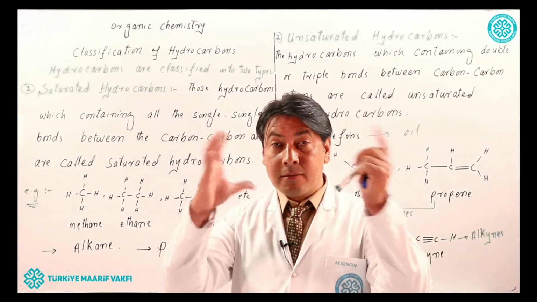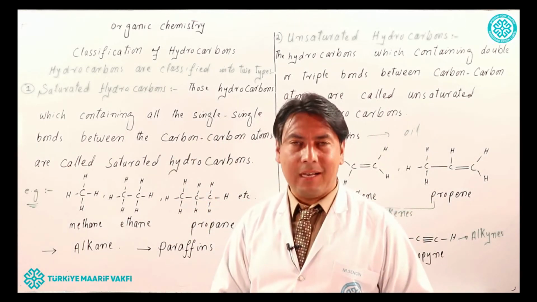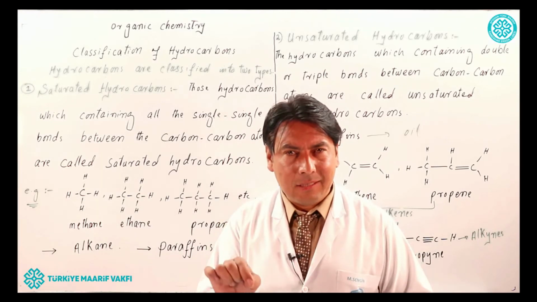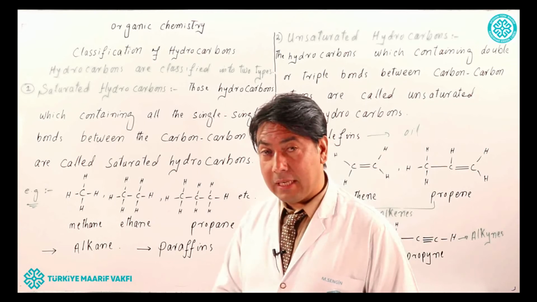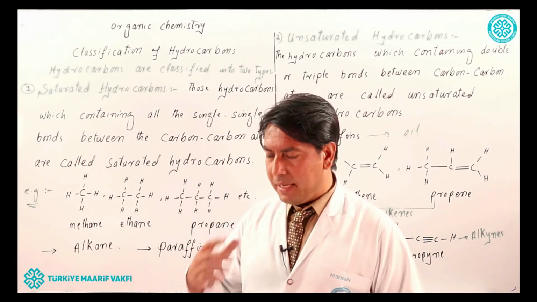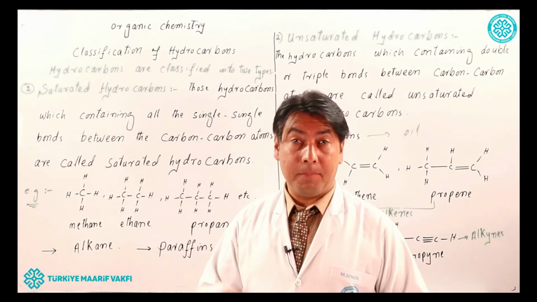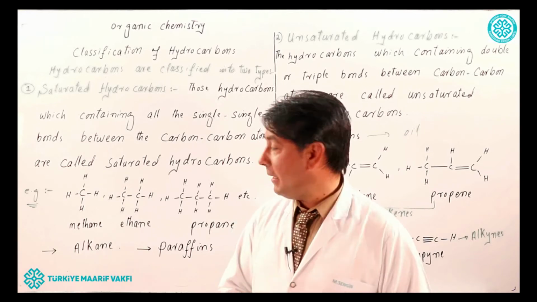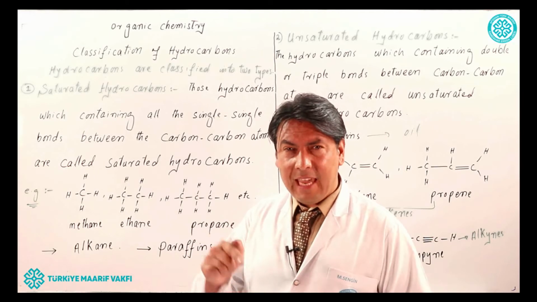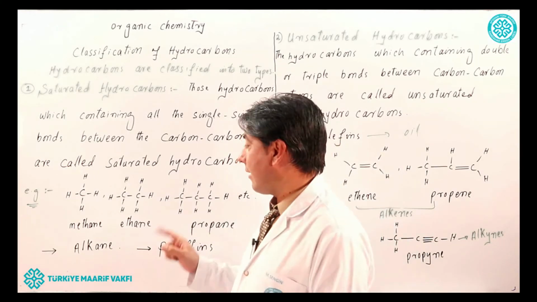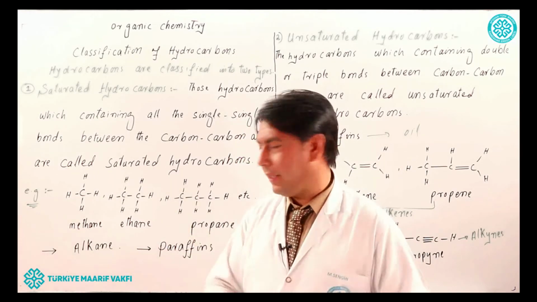They are called saturated because they cannot undergo addition reactions, because no addition of other atoms or group of atoms can take place in alkanes. They can undergo reactions which are called substitution reactions.